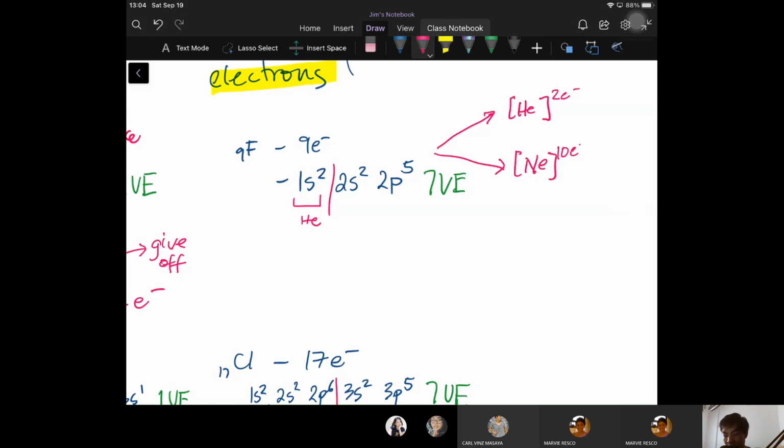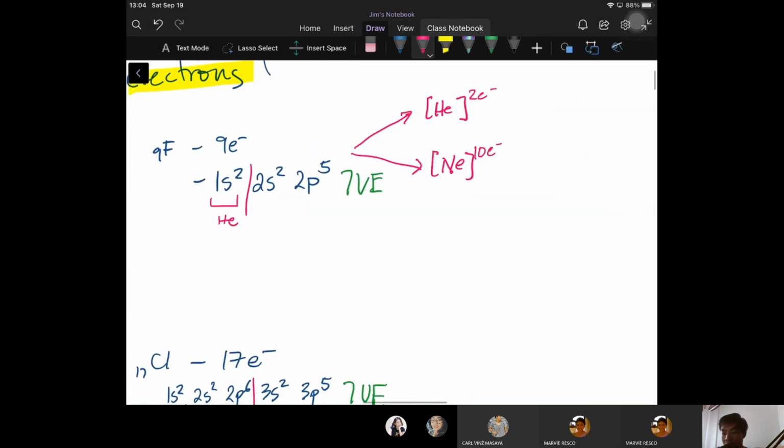Si neon, 10 electrons. Okay, so ayan, isip tayo. So ito si fluorine, may 9 na siyang electrons. Para maging helium siya, ano gagawin niya? It will lose ilan? 7 electrons. Okay, so si fluorine, kung gusto niya maging helium, mamimigay siya ng 7 electrons.